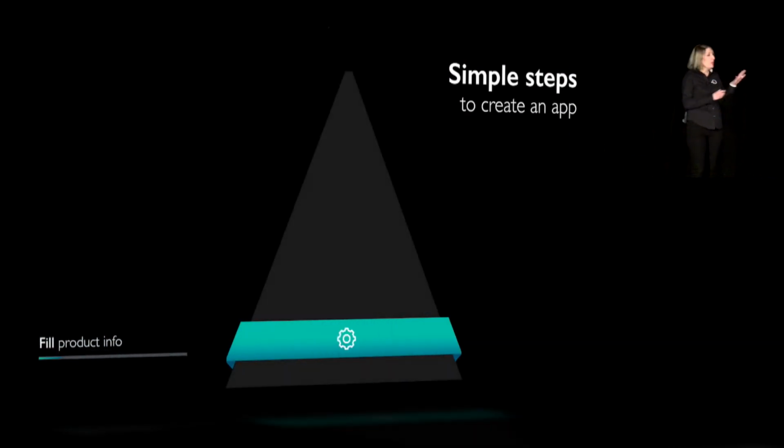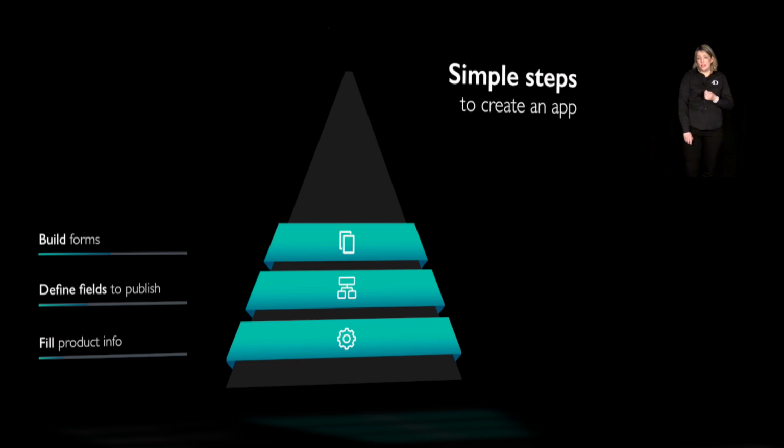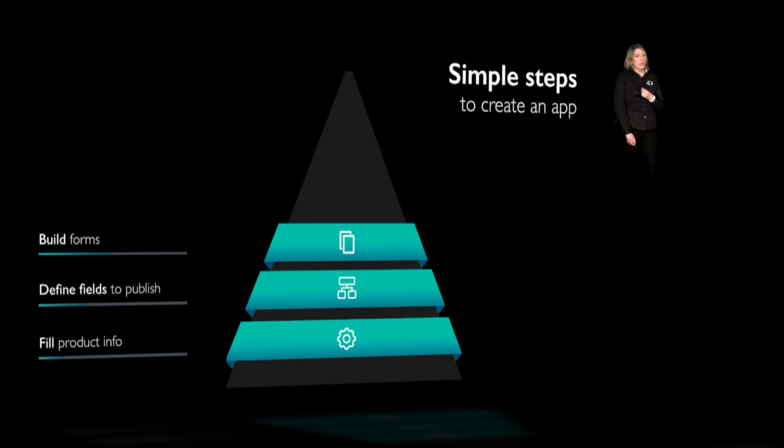All right, so just to recap. So with 4D for iOS, you can create your mobile app in a few steps. First, you start by entering your application's main information. Then you select the tables and fields to be locally replicated in the device. Then you build your list form and detailed form for each table based on templates.